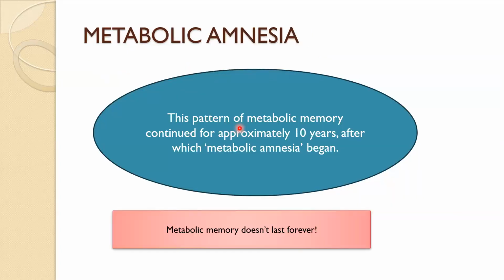So we said the metabolic memory lasts approximately 10 years, but then what happens after 10 years? The body forgets the beneficial effects of the intensive therapy. So for instance, if you had given a patient intensive therapy a while back, and then you stop it, 10 years later, the body will forget that this patient was on intensive therapy, and the microvascular complications will continue becoming worse and worse.